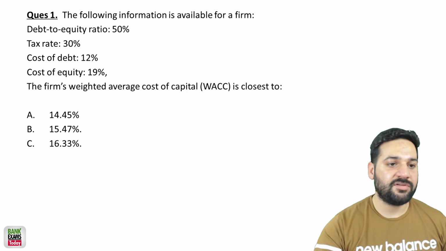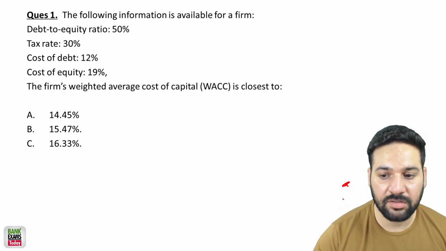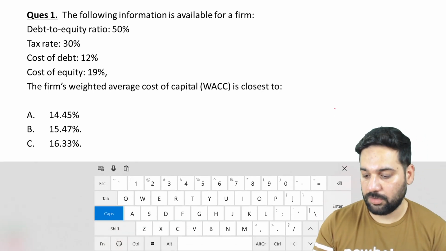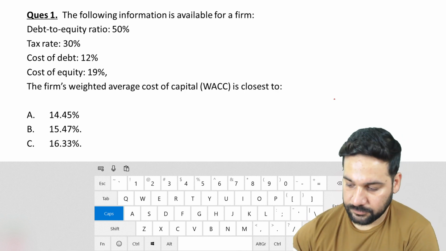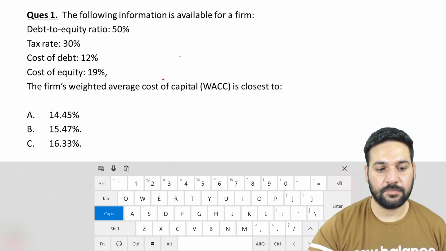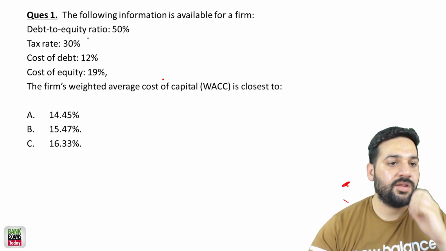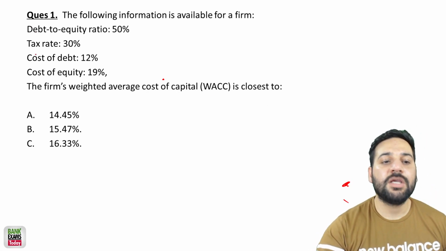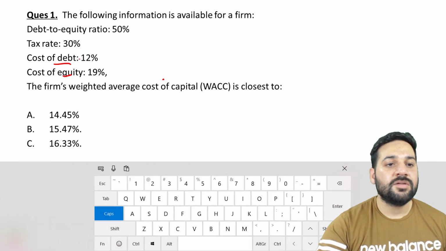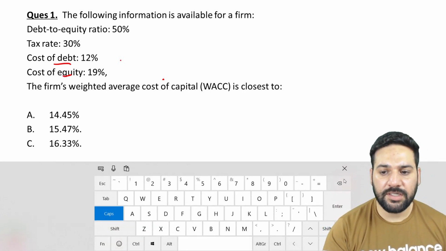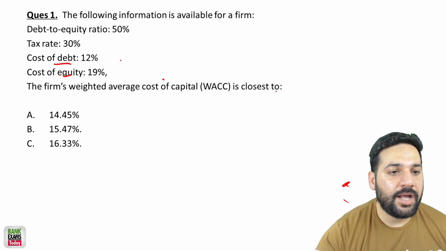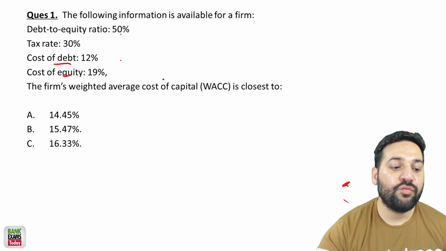See, there is a capital structure in which there is, okay, where it is, sorry, hold on. Just a second. Okay, so there is debt and there is equity in the capital structure. Debt to equity ratio is 50%.